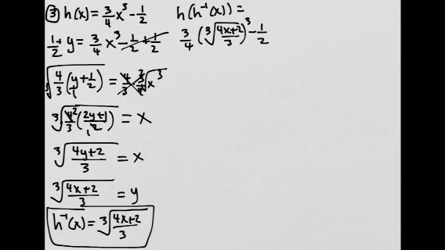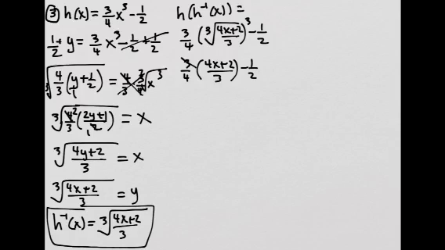Okay, so remember, order of operations tells us that we're going to do the cube first. We're going to take the cube root and raise it to the third power. And so we have 3/4 times 4x plus 2 over 3, because the radical is gone, minus 1/2.